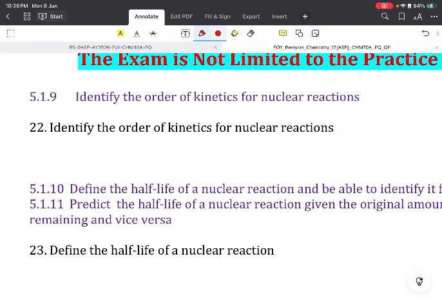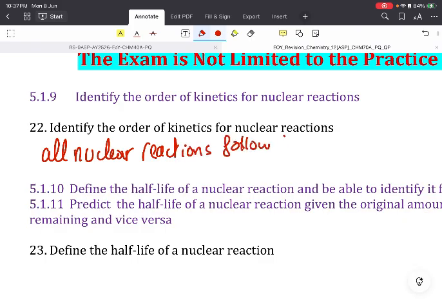Identify the order of kinetics for nuclear reactions. All nuclear reactions follow first order kinetics. In the formula sheet, the formulas are given to you, so I'm just going to show it to you.